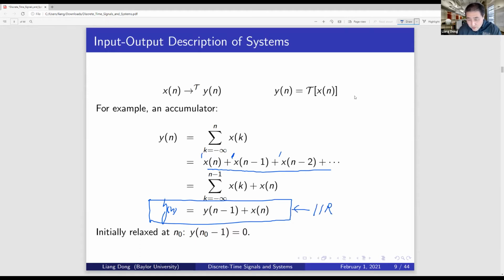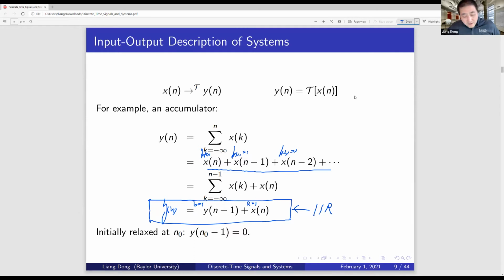If you express it in the first format, with everything on the input side, it has infinitely many impulse response values, h[0] equal to 1, h[1] equal to 1, h[2] equal to 1, continuing infinitely. But in the IIR form, I only have two parameters, where a is equal to 1 and b is equal to 1.